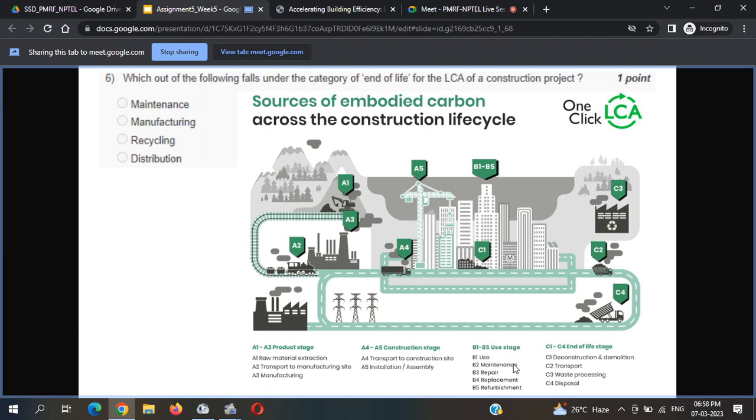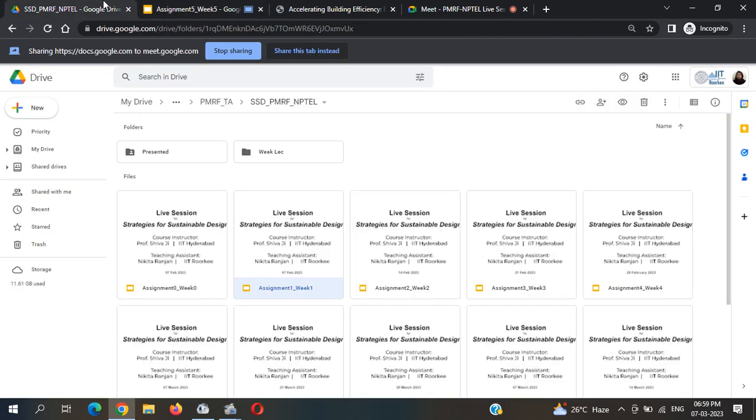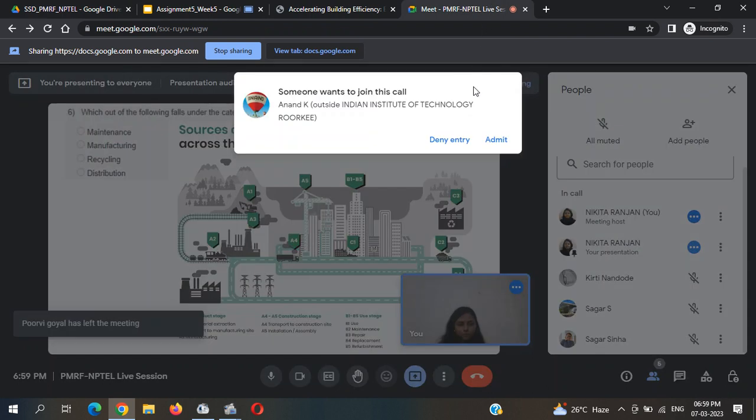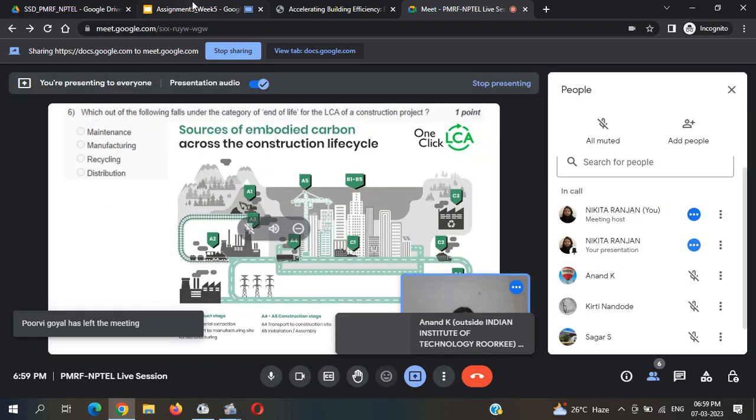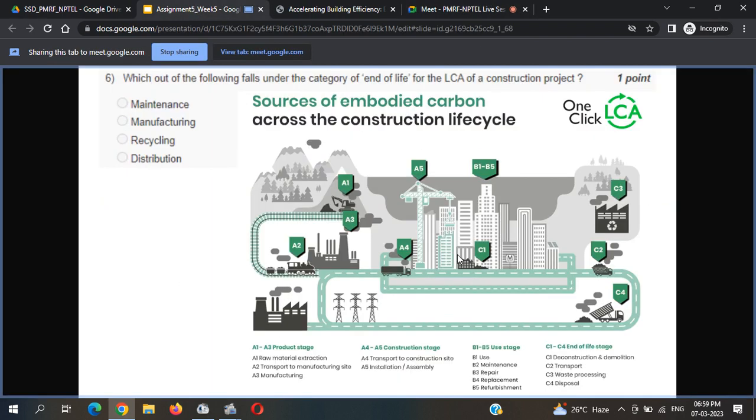There may be repairs, there may be replacement of some components, and there may be refurbishment of some parts of the building. And then at the end of the building life cycle comes the deconstruction and demolition, and then transport of the waste, and then at the end disposal.